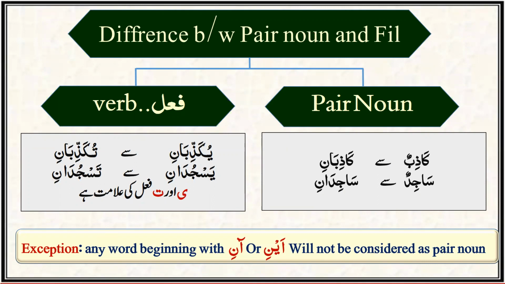If you recall, once we were studying the identification of a noun, rather we were studying the identification of a fail. We learned these two signs which enabled us to identify the fail from the Quran Majid. So any word beginning with ya or ta, irrespective of whether it has an ending sound ane or aine, would not be considered as a pair noun.